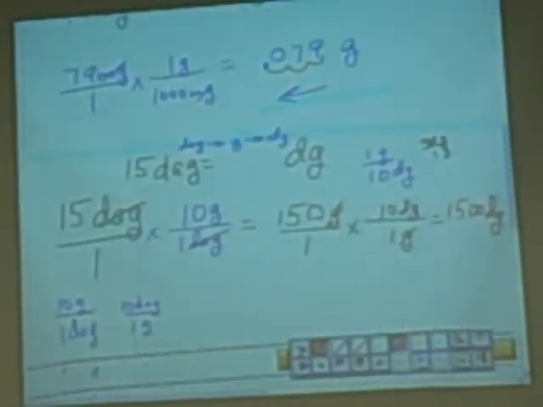We have a conversion from hectoliters, in this case 100 liters over 1 hectoliter. So you want to write that chart down, keep it at the top of the page, and refer back to it.